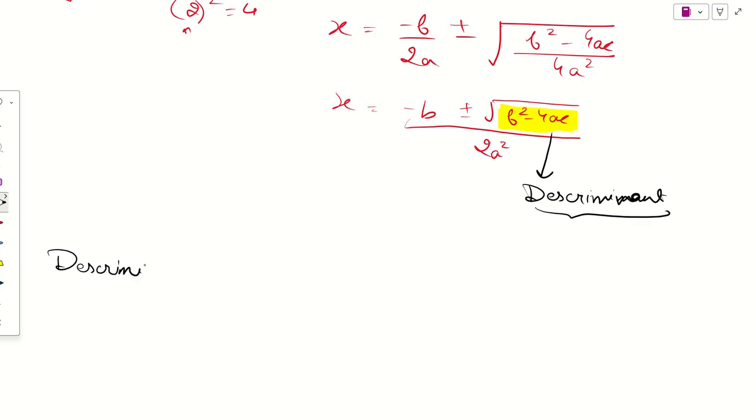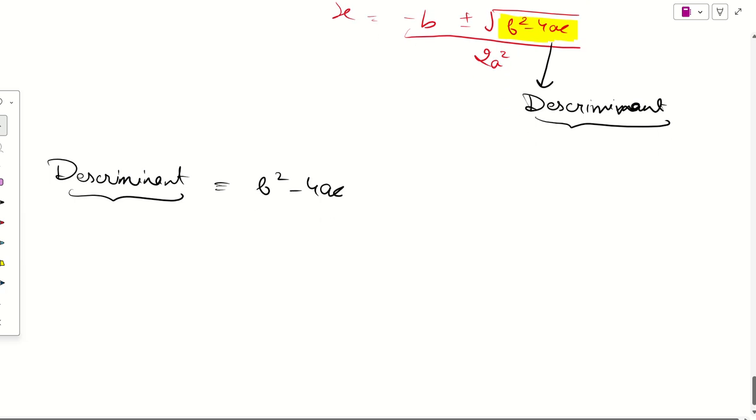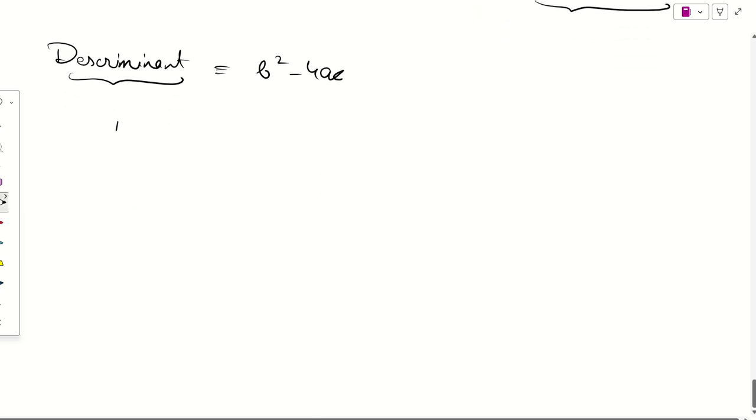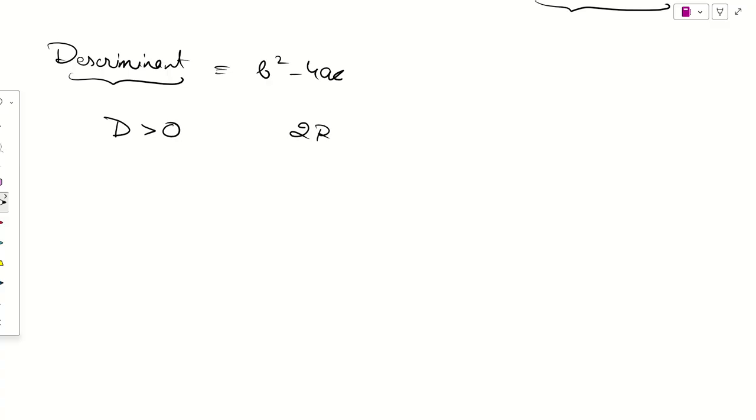Discriminant tells you the nature of roots before solving the whole equation. Discriminant is your b square minus 4ac. So if your D is greater than 0, you will have two real and distinct roots.